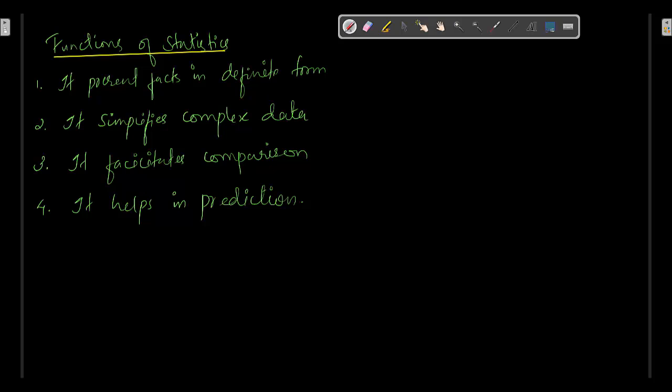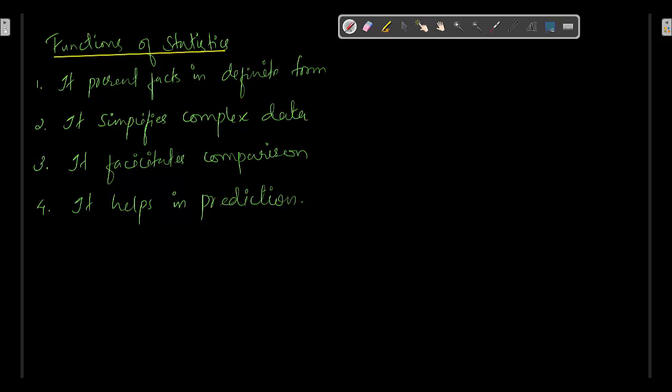The third one, it facilitates comparison. Quantitative numbers make no sense in isolation. Hence, statistics helps in comparison of like terms. In the previous video I told you that statistics is not about isolated terms. We cannot take a single figure or a single number and compile it in statistics. We use aggregates of facts, right? That is why it helps you to compare data.